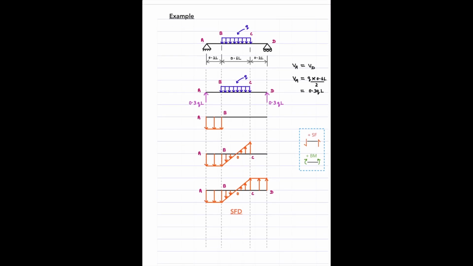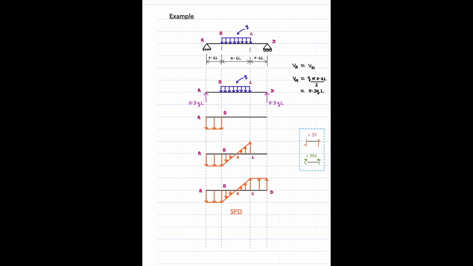So we started with this, whose value is 0.3 qL, which is not mentioned here. Just consider that as well. And whether it should be downward or upward, we have said that this is the positive sign convention we are adopting. That means if we consider the left hand, the force should be acting downwards in order to be considered as positive.